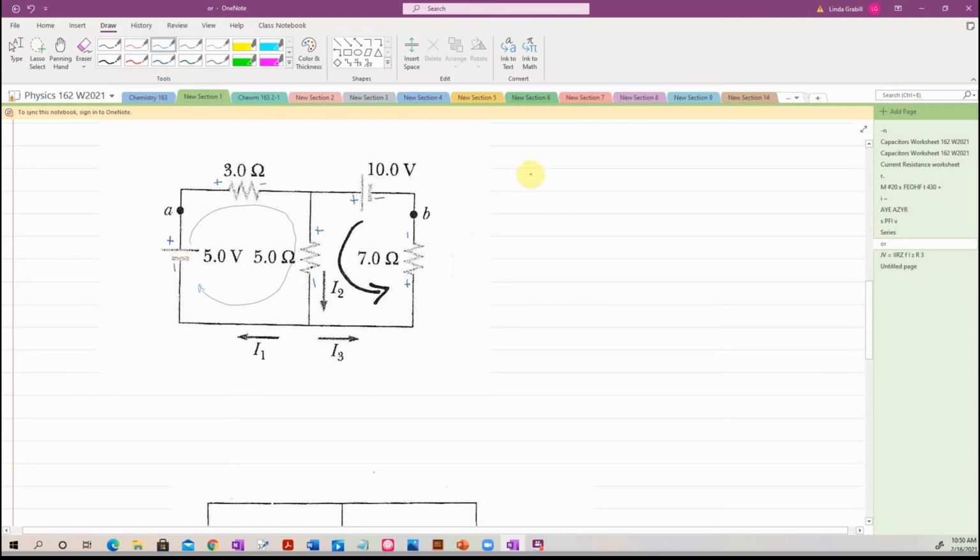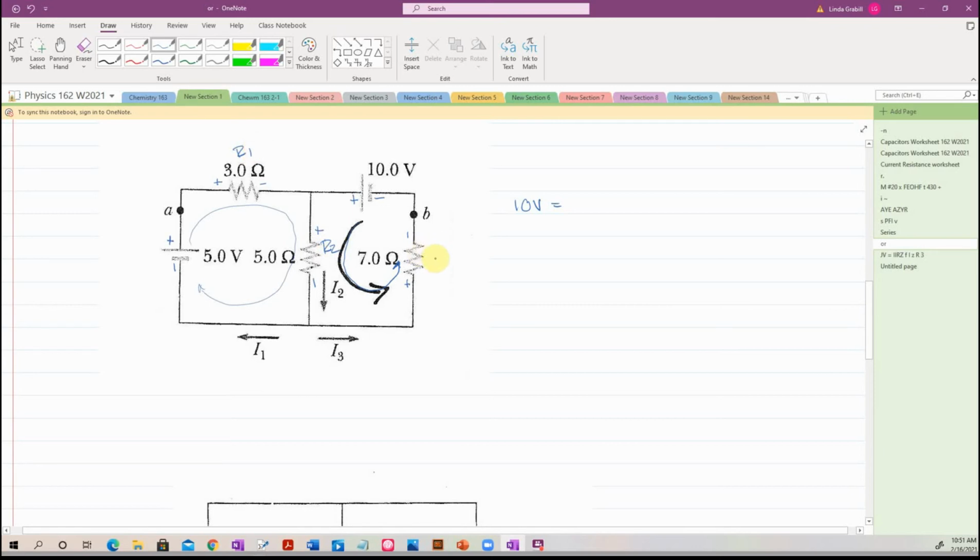So starting with my loop rules with my current going that way, what do I get? I get 10 volts equals, let's see, I1, so I've labeled this I2. Let me label my resistors. I2, we'll call this R2. I'll call this R1.